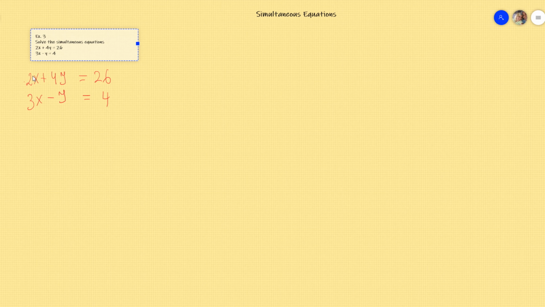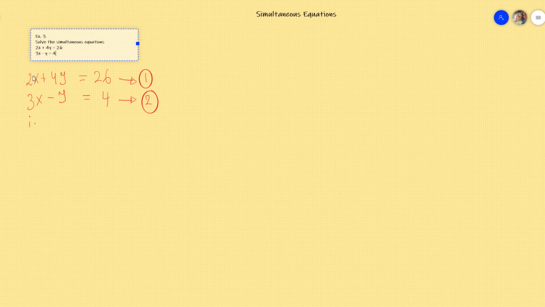If we look more closely at the second equation, we see that we have minus y, so it's easier to isolate it and substitute in equation 1. That's why we will use the substitution way.